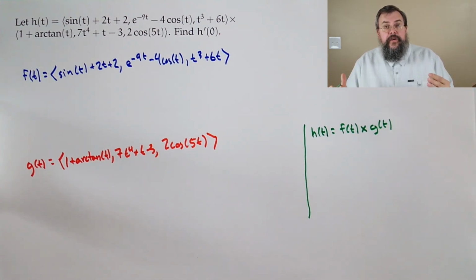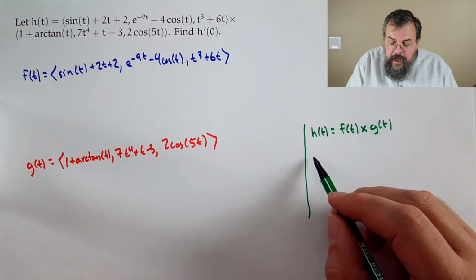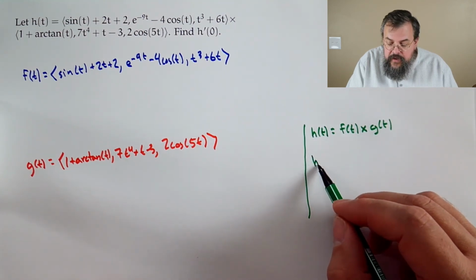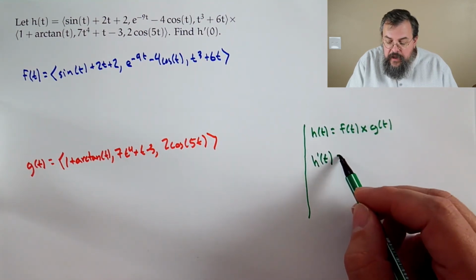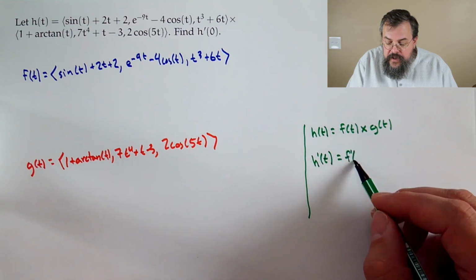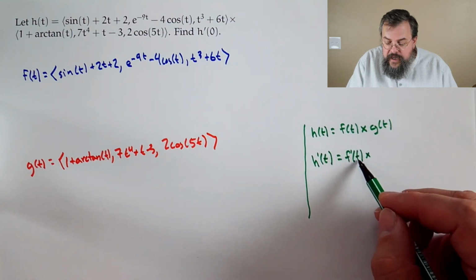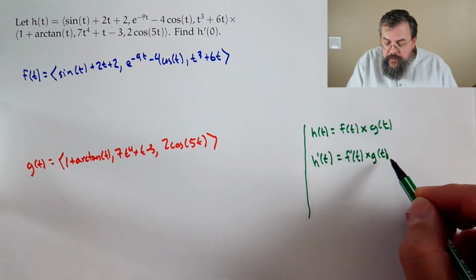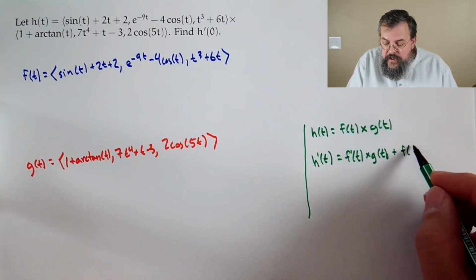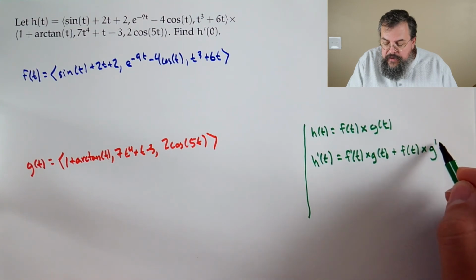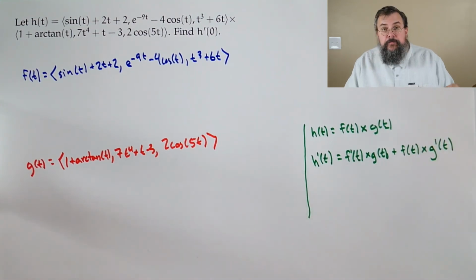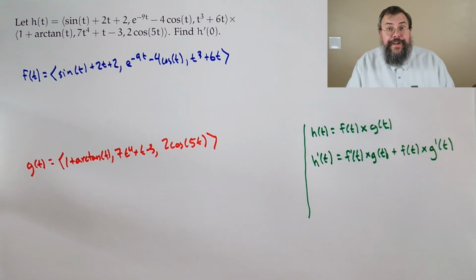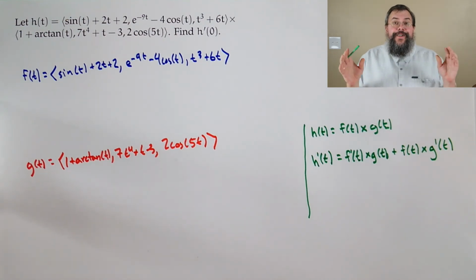We're going to take the derivative at some point, and we have a product here. So we can say, look, h prime of t, according to product rule, is the derivative of the first, cross the second, and then plus the first cross the derivative of the second. All right. Great. Good. Beautiful.